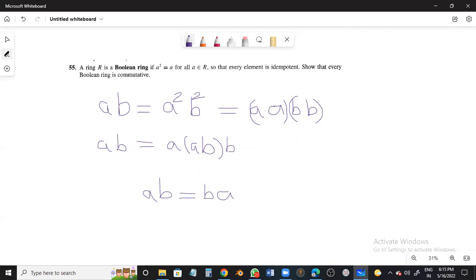Priya, you have tried for your presentation. I think you forgot. That's what I wanted from you. AB is an element in the ring. It is also idempotent. So I can write AB as what? AB multiplied by AB, isn't it? To this side, what should I have? AB multiplied to AB. Are you getting this?